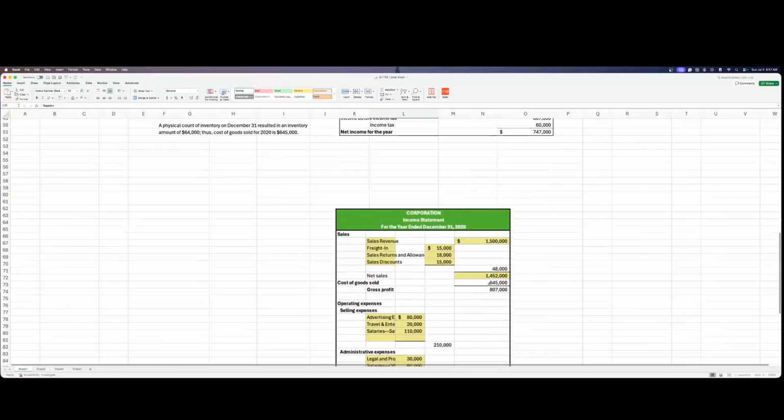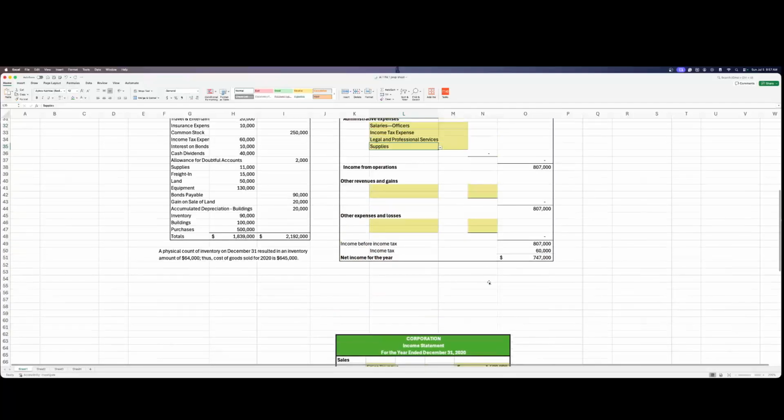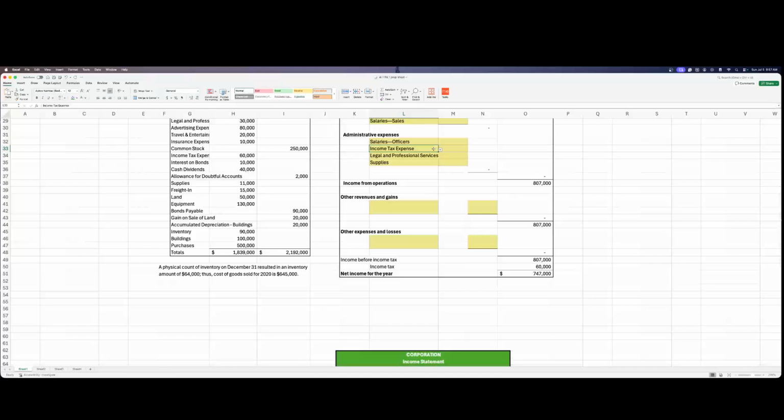We might have to do this a few times. Insurance expense, right? Insurance expense. You're going to see income tax expense here. Other gains most likely some type of revenue. What else could be a gain?